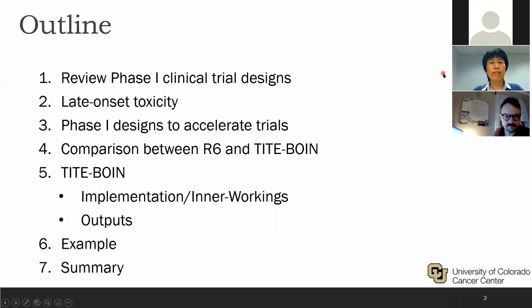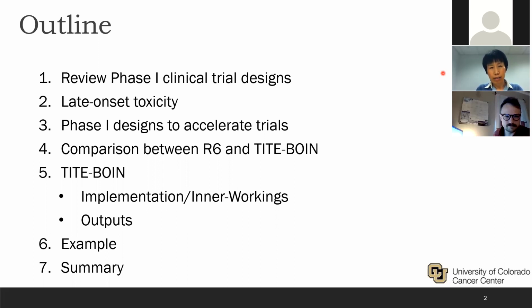So here's the outline of my talk. I will first review the phase 1 clinical trial designs that my colleagues have presented in the previous 4 lectures. And today I'm going to focus on late onset toxicity, and the phase 1 designs which can accommodate late onset toxicity to accelerate the trials. I will give a detailed comparison between the rolling 6 and time-to-event BOIN designs.